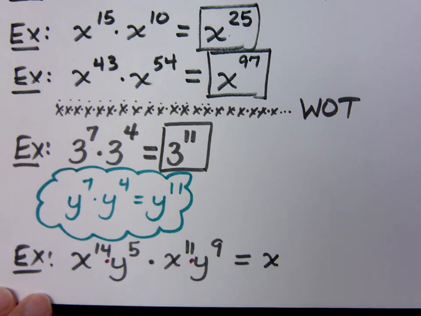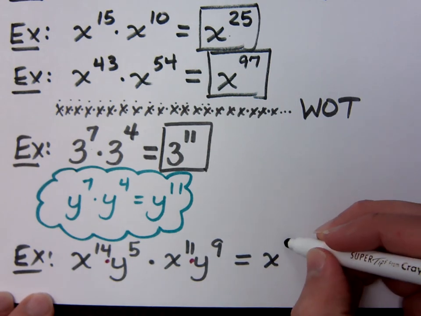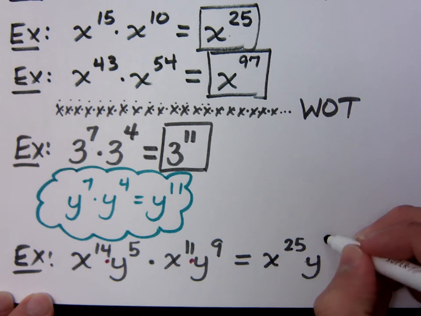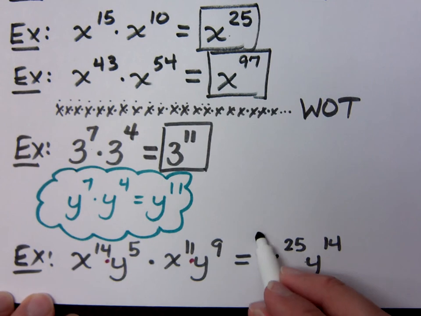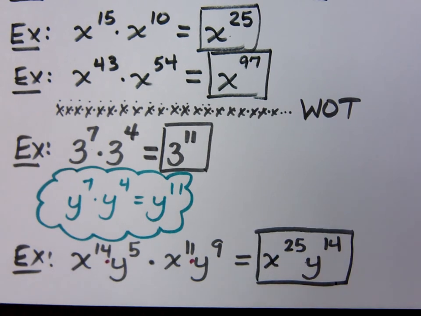And what we've said before is that the order doesn't matter when you're multiplying. So how many factors of x do we have altogether in this product? 25, and how many factors of y do we have? 14. Any questions about that?